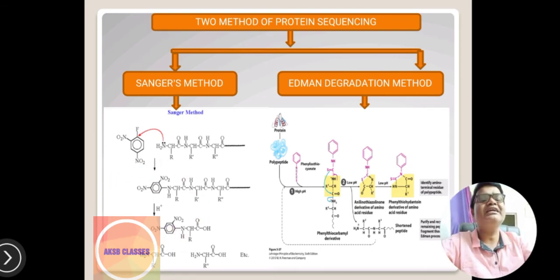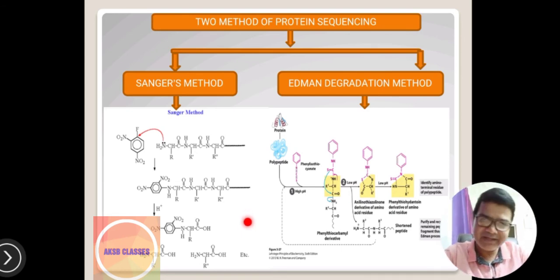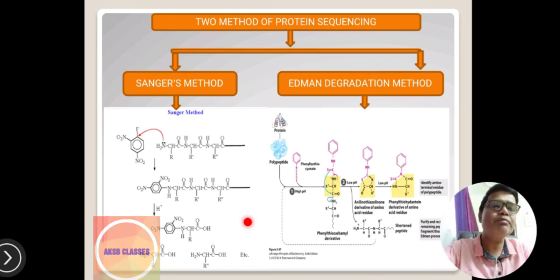After each cycle they fragment it, and each amino acid is identified, to find out the amino acid sequence. On that basis we find out the amino acid sequence of any unknown protein.